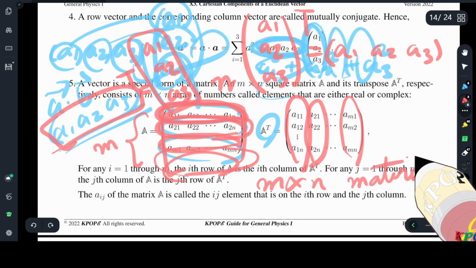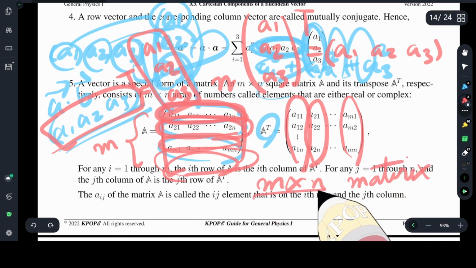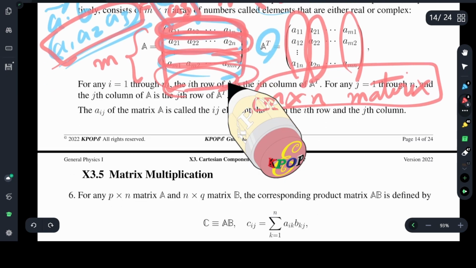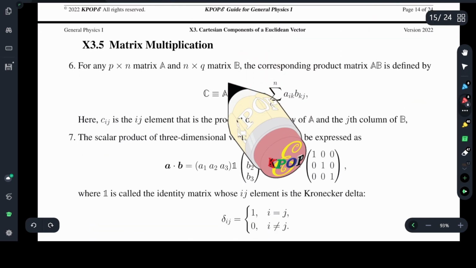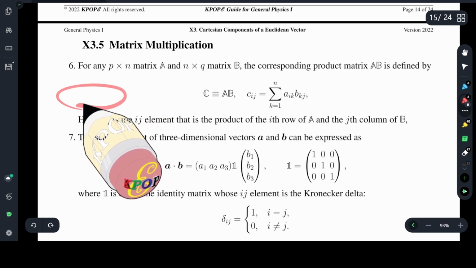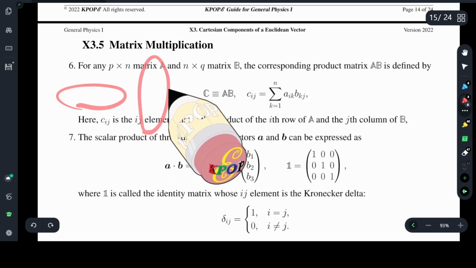Just forget about anything else. A matrix represents the Cartesian components. That's it. Matrix multiplication is basically multiplication of a row and column.